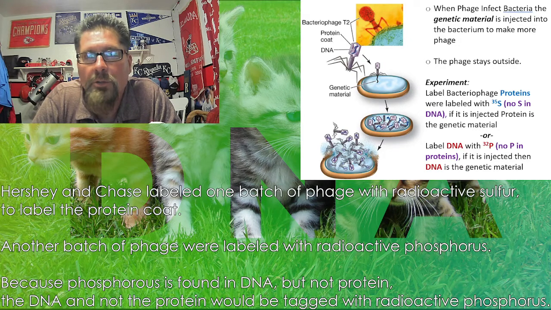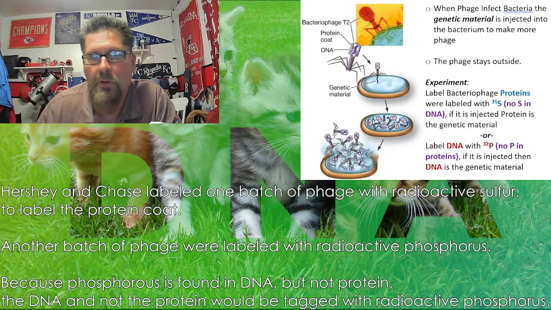And they also used sulfur. So they could eventually see where the bacteria DNA was. That was the point, to try to trace it, to see where it ended up. Again, looking to see exactly what is being transferred.